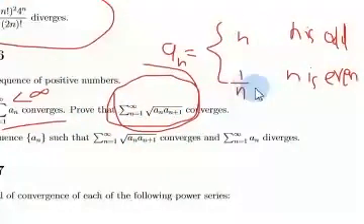When you multiply these two terms, what do you get? 1. So this one times this is 1.